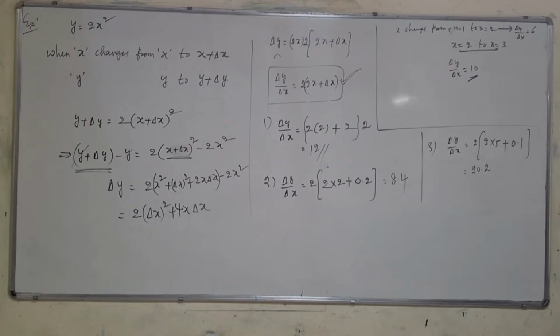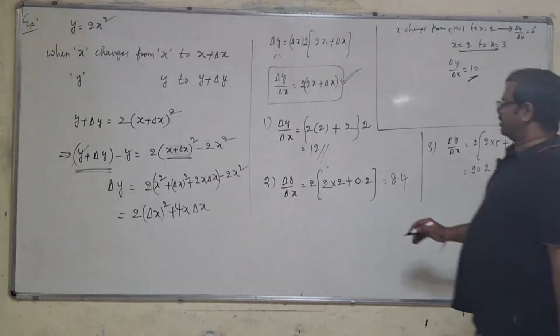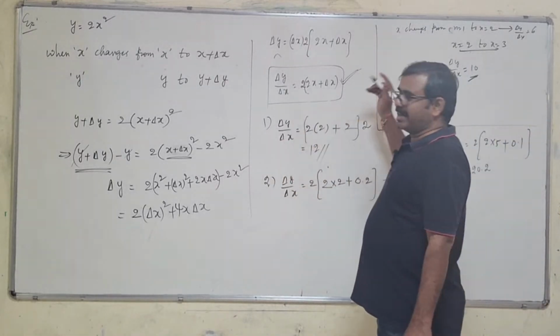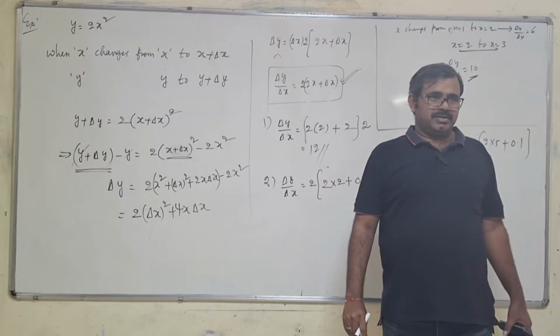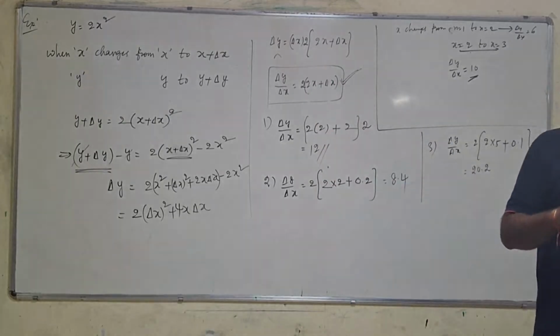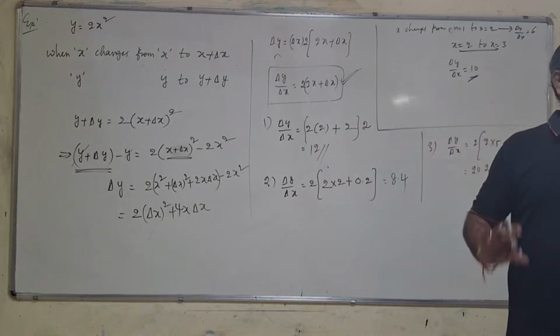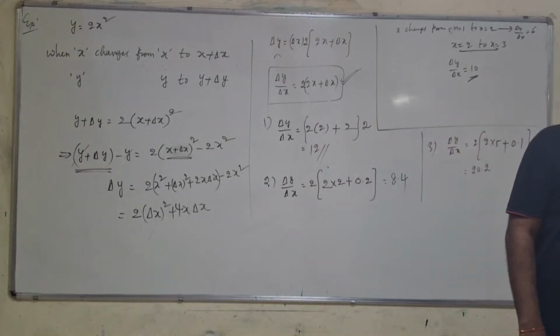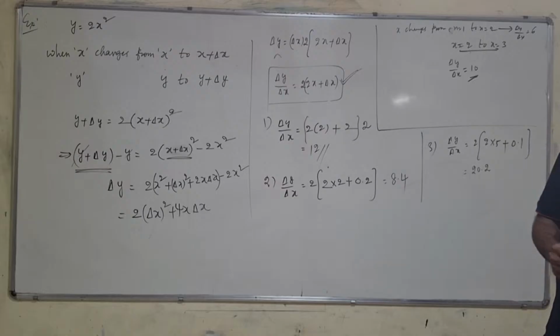Is the rate constant here? No, the rate is not constant. Whereas in the first example, the rate is constant. In all the intervals of x, the rate of change in y with respect to x, we got the same constant value 2. Right? Note down this.